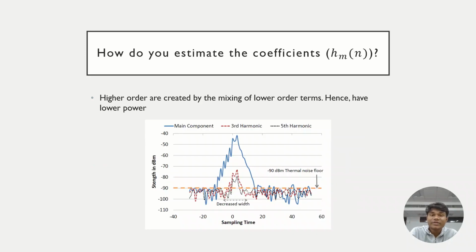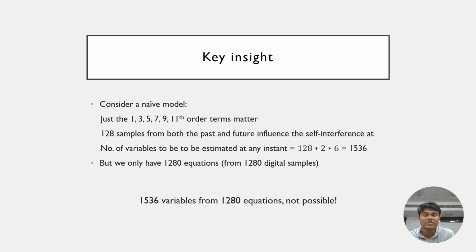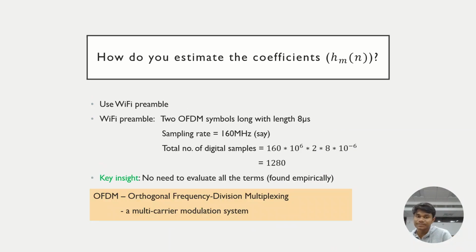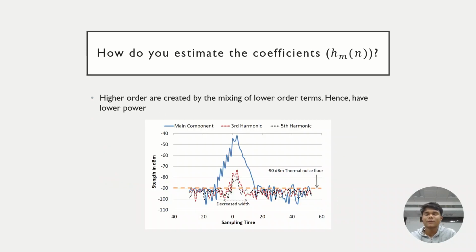So how are we going to estimate h of mn? Now after doing some experiments, we know empirically that not all terms matter to us, and most of the terms are zeros anyways. So why are they zero? Because the higher order terms are created by mixing of lower order terms.